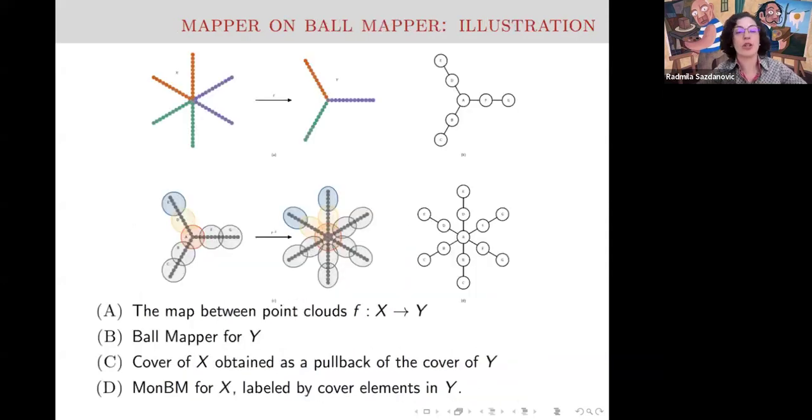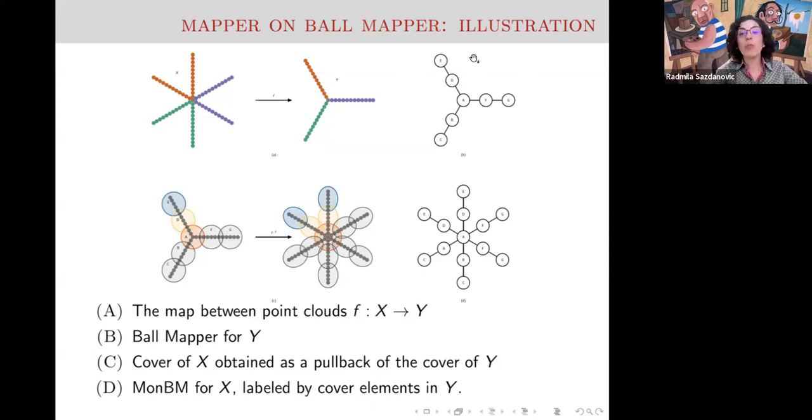So here's an illustration. Let's say this is my very, very high dimensional data set, although it lives in 2D, and the map F is just collapsing the segments that have the same color into one, so I go from 6 flares to 3 flares. So what does mapper on ball mapper do? I have this map F and my point clouds. I'm going to construct a ball mapper on Y, shown here.